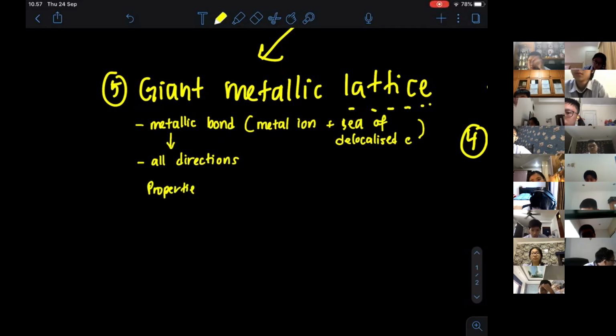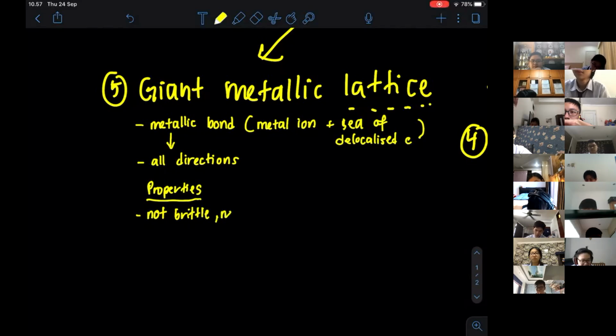When there is a force of impact and the layers of the giant metallic lattice slide on top of each other, will they be brittle, Owen? No, they are not going to break, because the metallic bond acts in all directions, so new bonds can be easily formed.